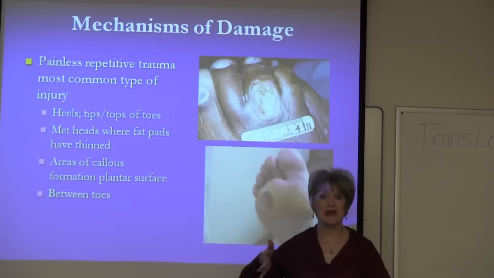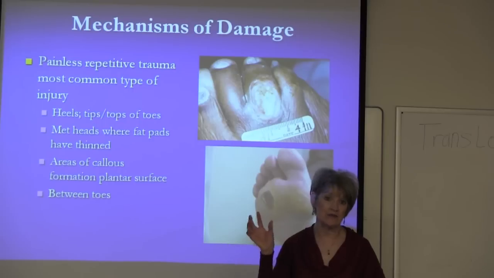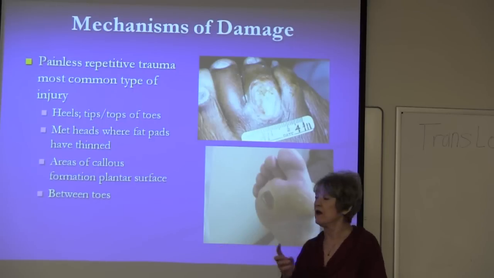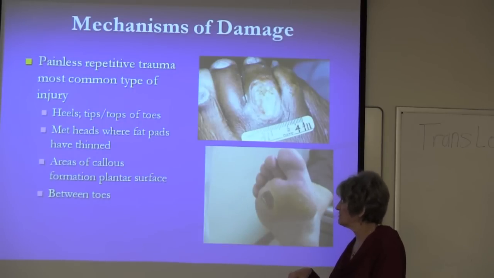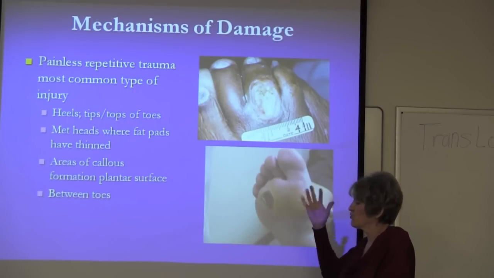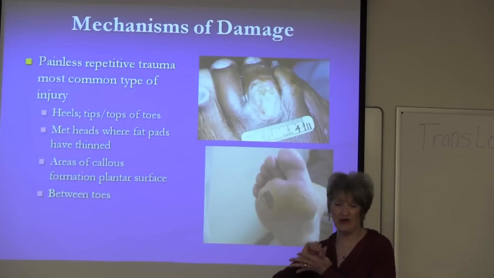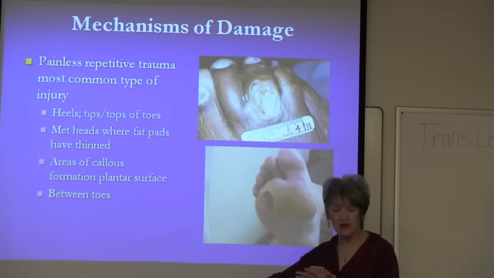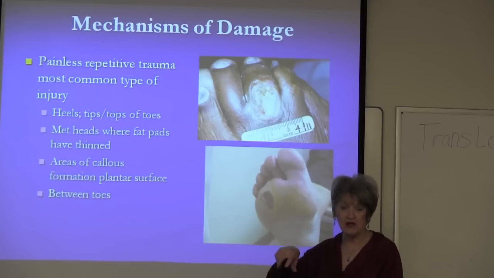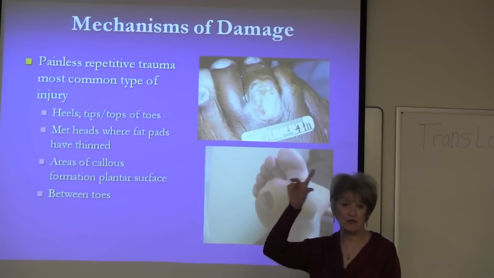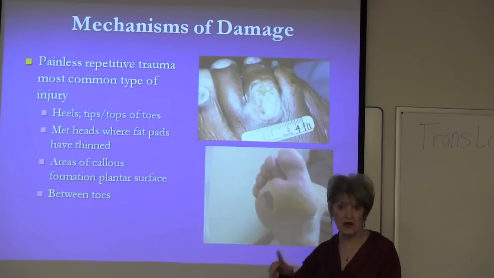Every time they take a step, their feet are either sliding or being compressed, and they get damage to the soft tissue. Where is damage going to be seen? It's going to be in an area in contact with the shoe. So it's going to be the heels, the tops of the toes, the plantar surface or the periphery of the foot. Some area in contact with the shoes that's exposed to constant friction, shear, friction, shear, friction, shear.